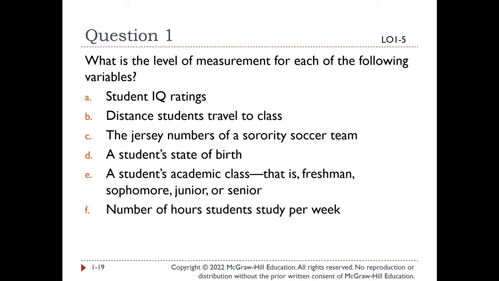D, a student's state of birth. Again, nominal right there. There's no ranking. There's no meaningfulness between the numbers or the items, and again, more qualitative in itself. E, a student's academic class.